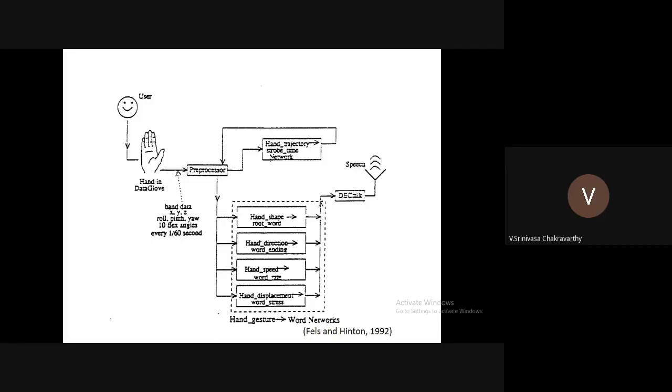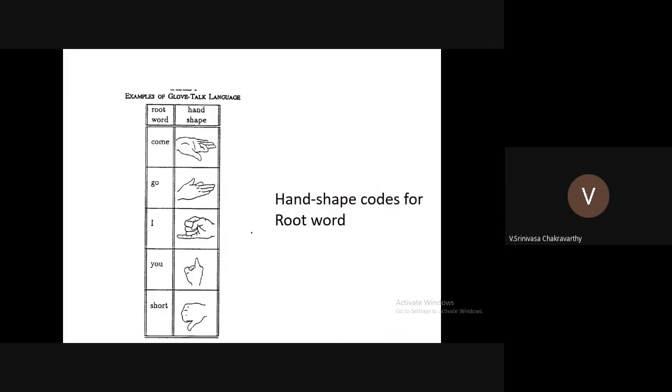So let me look at these features in this network. For this problem, they just take a very small vocabulary and create gestures which only represent that small set of words. For example, this is come, this is go, this is I, this is you, and so on.